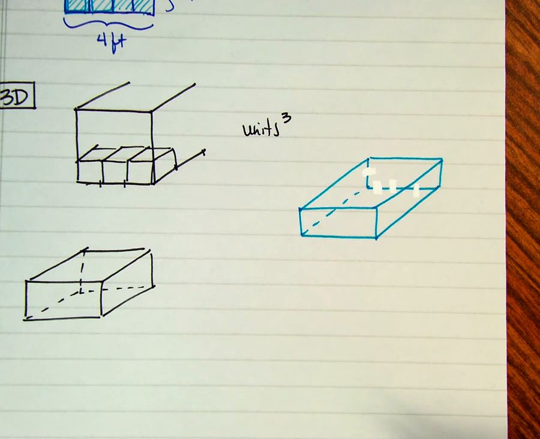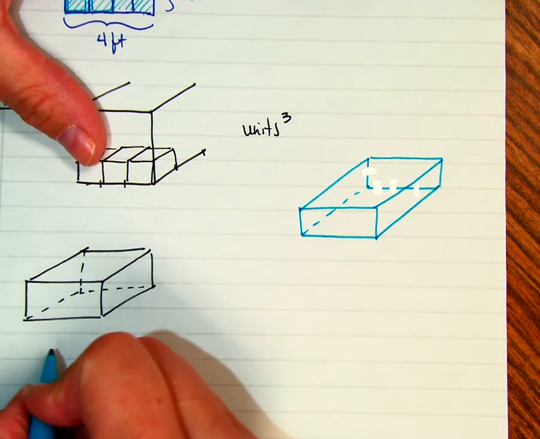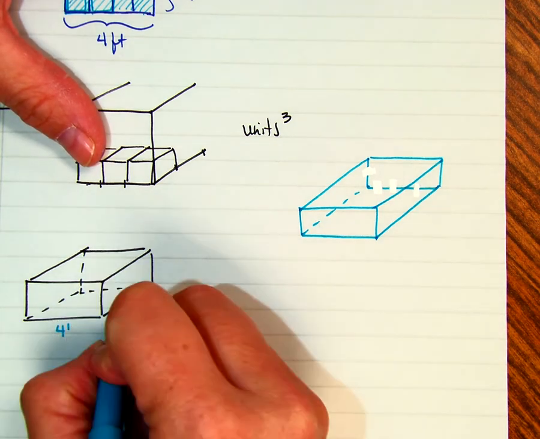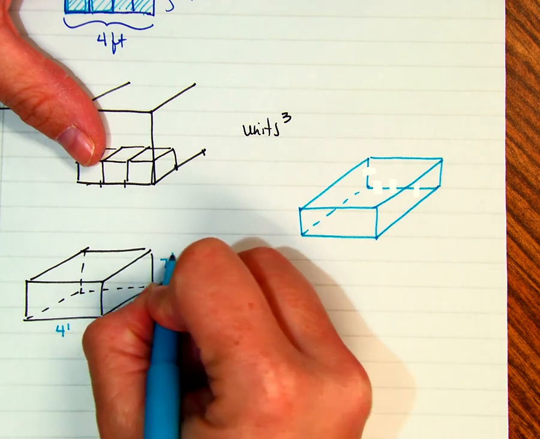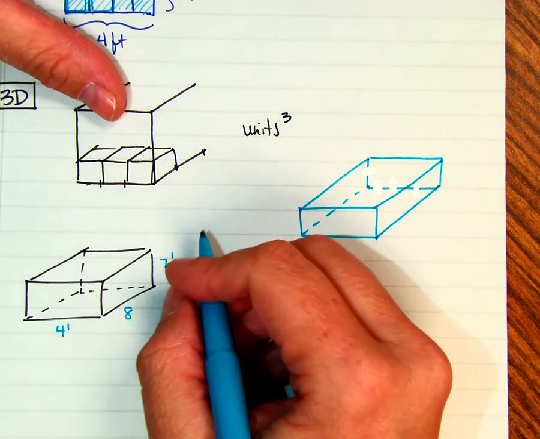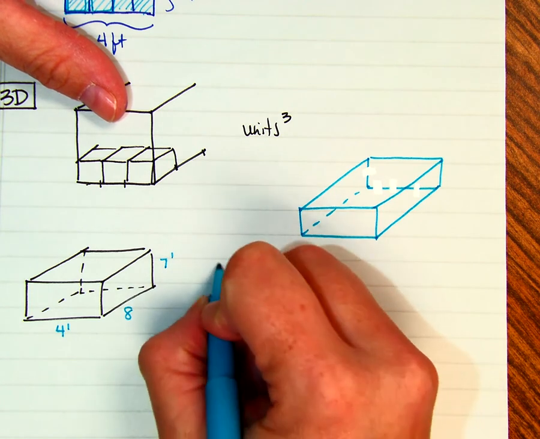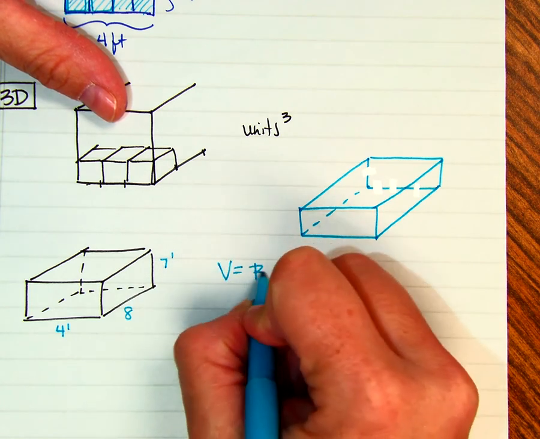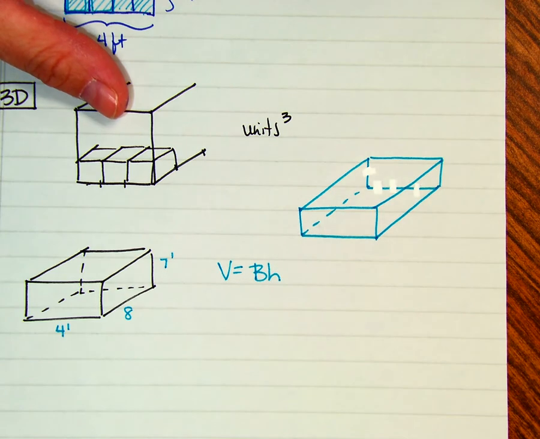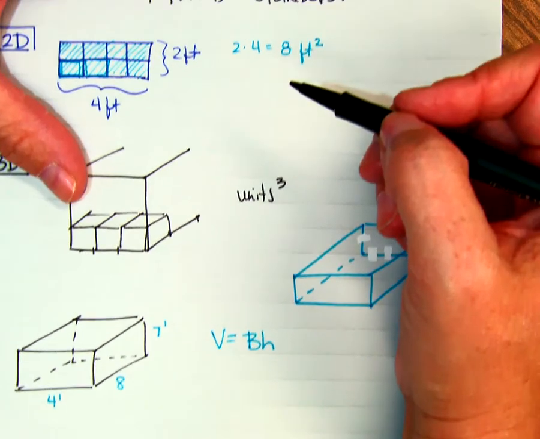So on the volume, if I have that this is 4 feet, 8 feet, and by 7 feet. The volume for a prism formula is the area of the base times the height. Now, we've dealt with base times height before. Let's go back up to this one real quick.